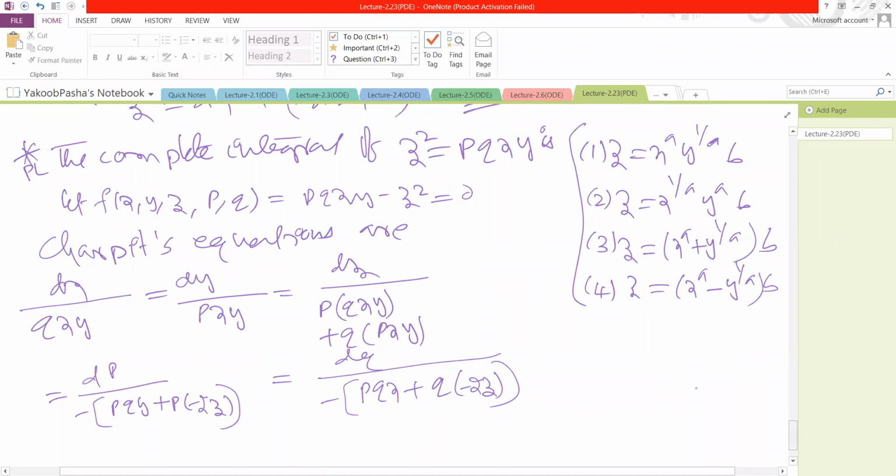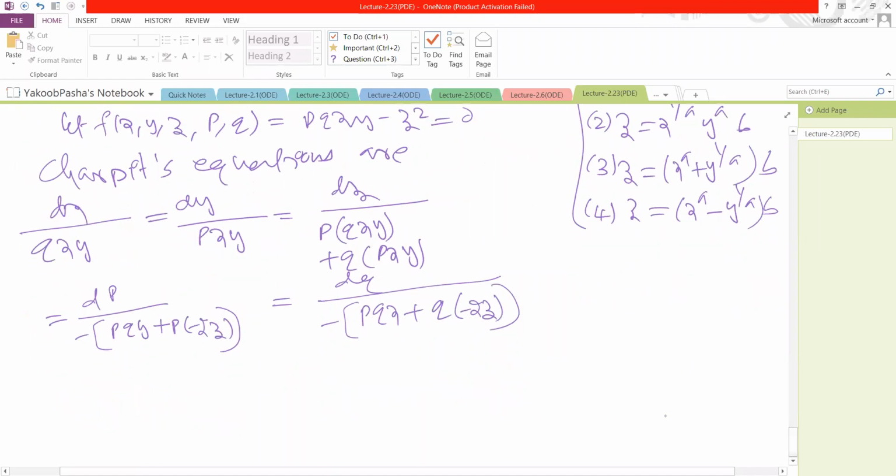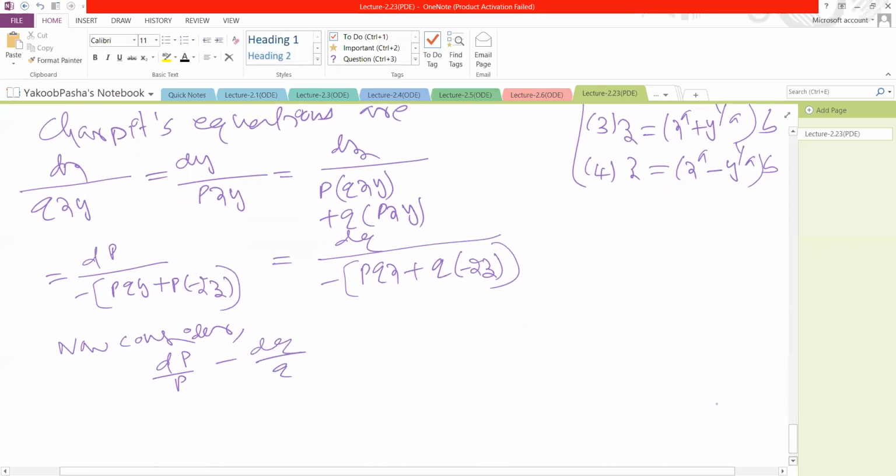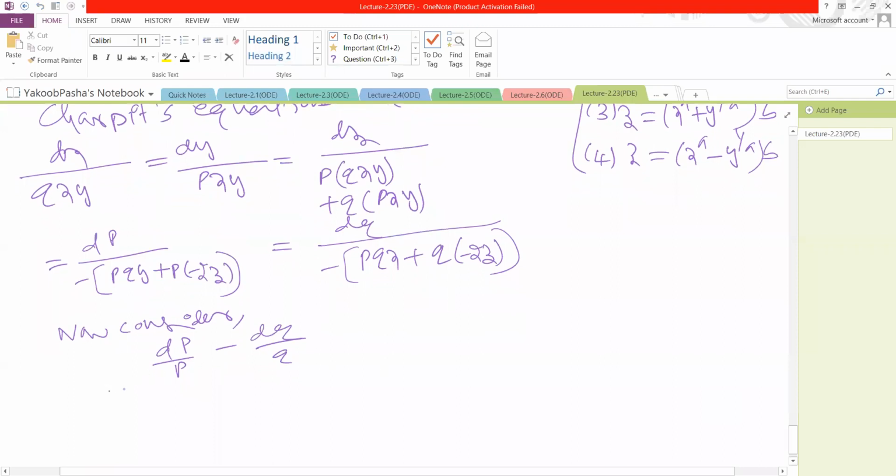So to solve for p and q, we have to consider here dp by p minus dq by q. That means we have to divide dp with p.